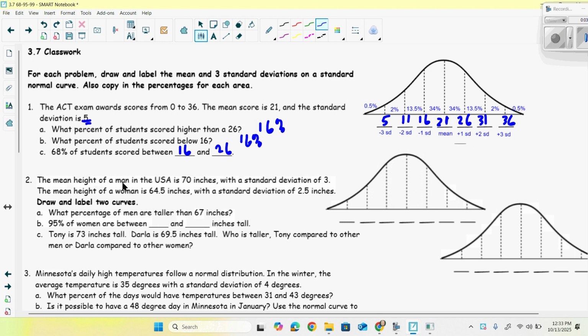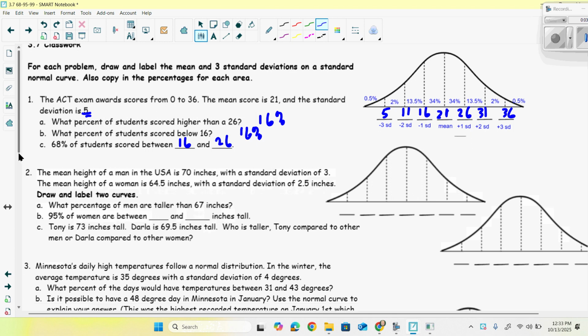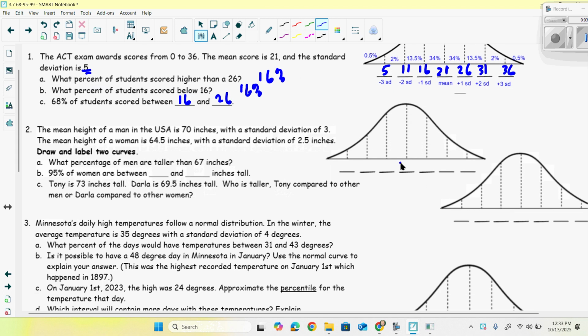Another problem, the mean height of a man in the US is 70 with a standard deviation of 3. So I'm going to go with this one as men. I'm adding these standard deviation amounts and subtracting. And then for women, 64.5, where we add a standard deviation of 2.5.